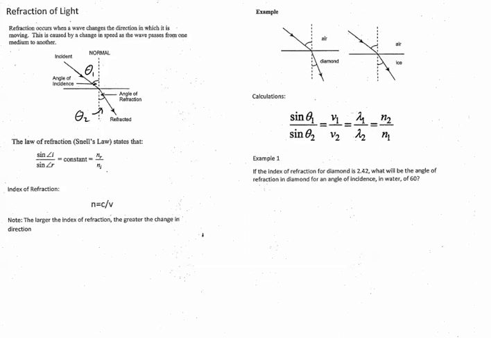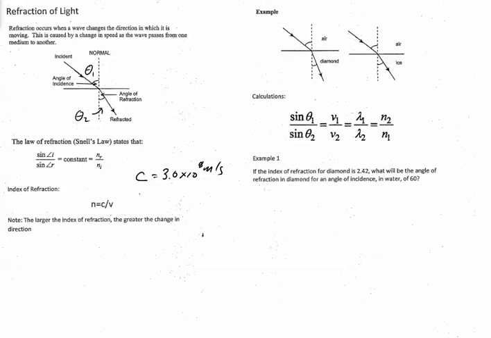Well, what is the index of refraction? Index of refraction really is just the ratio of the speed of light. And the speed of light in a vacuum is constant, and that's given by the letter c. And c is determined as 3.0 times 10 to the 8 meters per second. That's the ultimate speed of light. Nothing can travel faster than that.